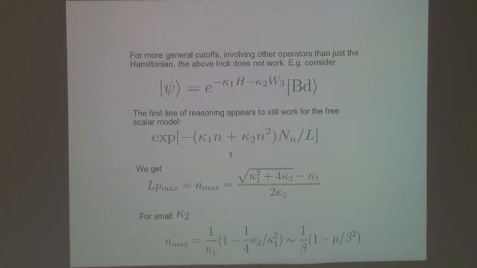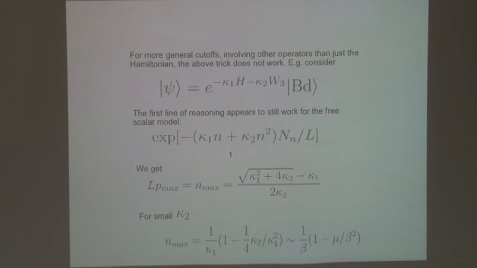So you have to put this equal to 1, in order to find out which occupation numbers do not appear anymore. If this, divided by L, is equal to 1, then you have reached the UV cutoff of the momentum, and the result is that this kappa 1 is again going to be beta over 4.